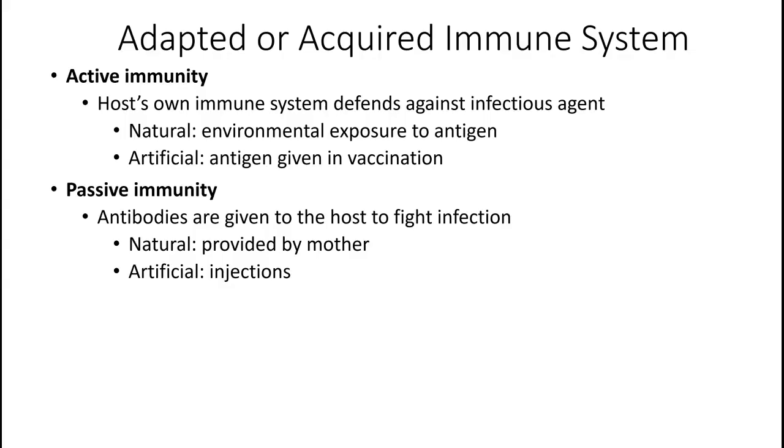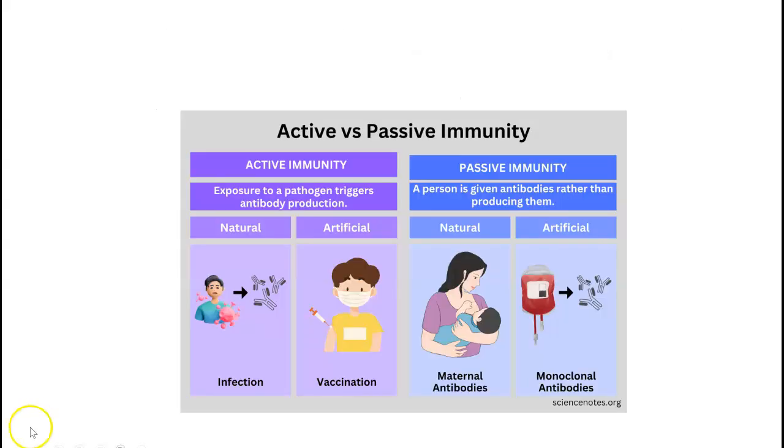We can give artificial injections of antibodies if people have been exposed to things or if they are fighting illnesses. So we kind of came full circle with our active and passive immunity because we talked about that with immunization.